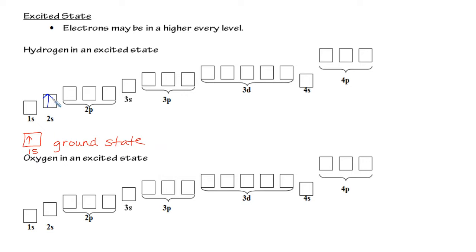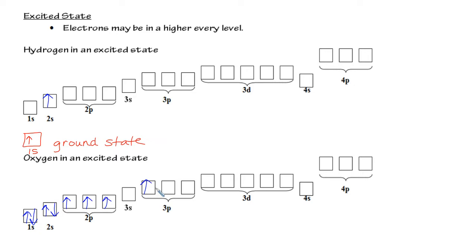Same thing could happen with something like oxygen. And again, some of this could be kind of arbitrary. Oxygen is element number 8. So we would go like 1, 2, 3, 4, 5, 6, 7. Whoa, what's that? That's nuts.